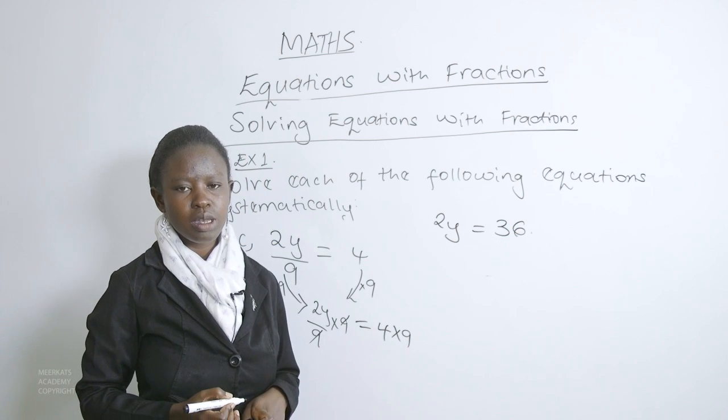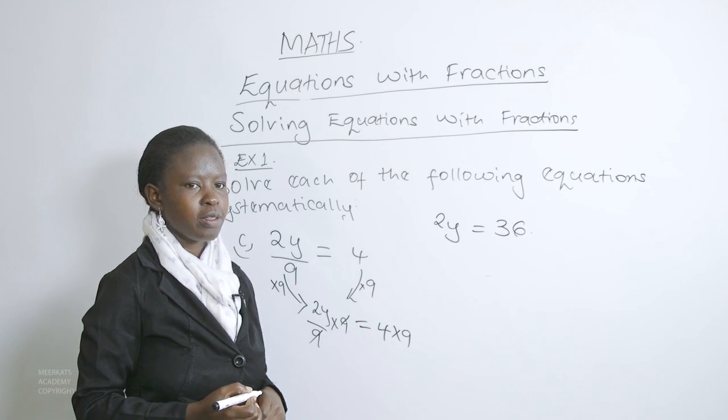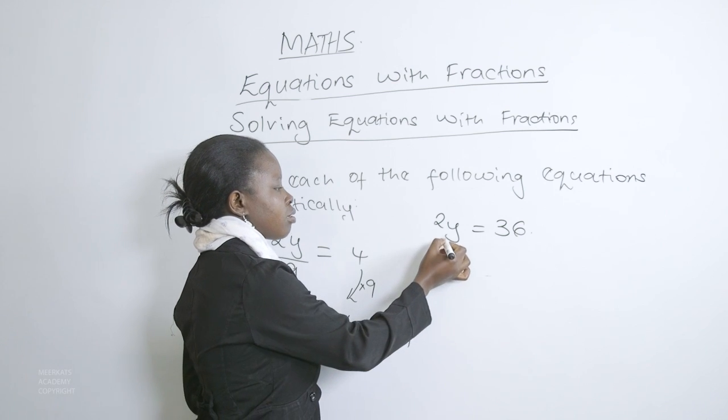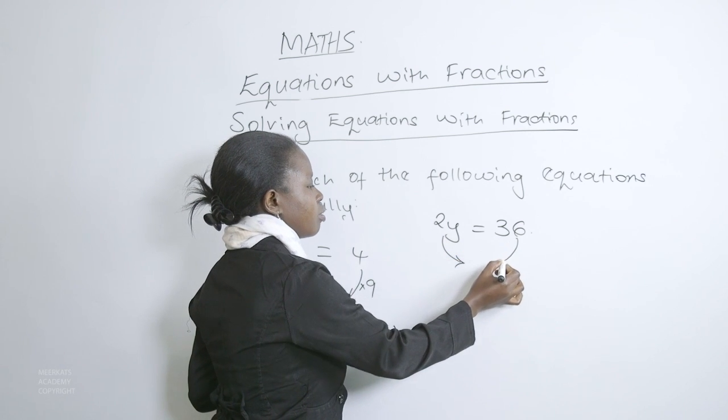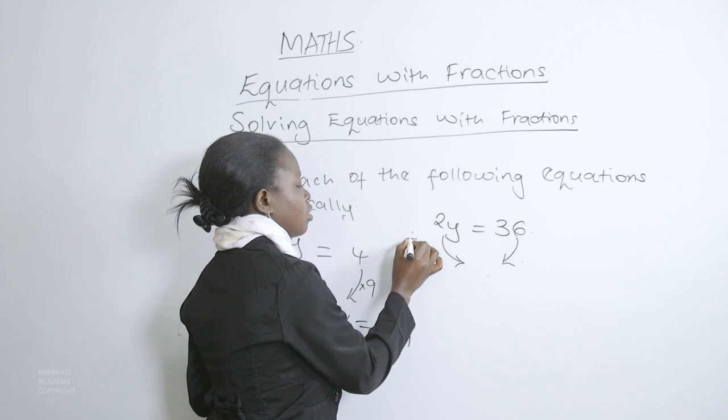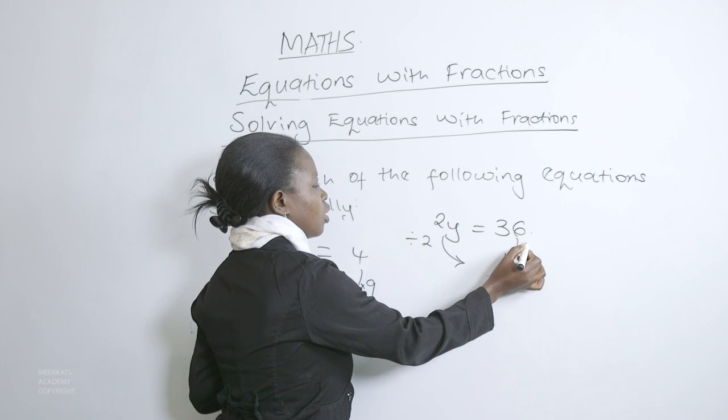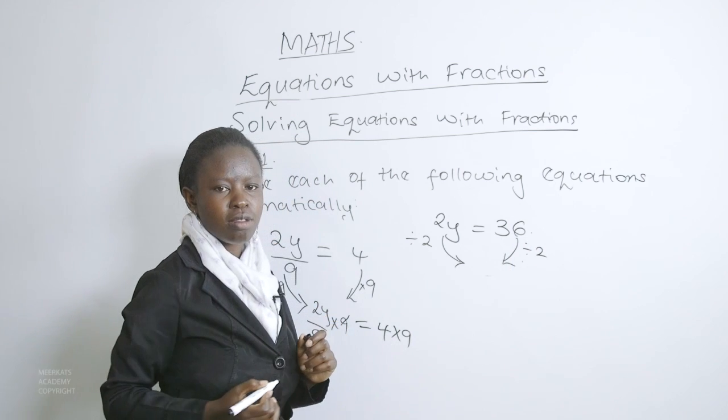So for us to get the value of y in this given equation, the next step is dividing by 2 on both sides. I have divided by 2, and divided by 2 on the right hand side.